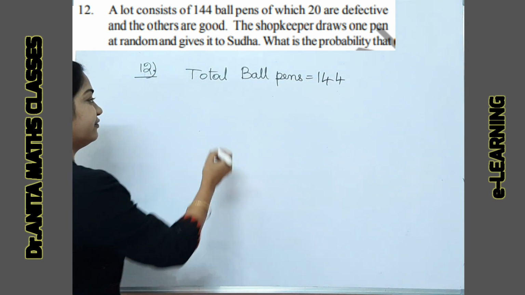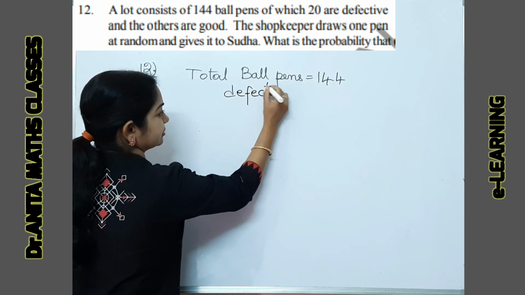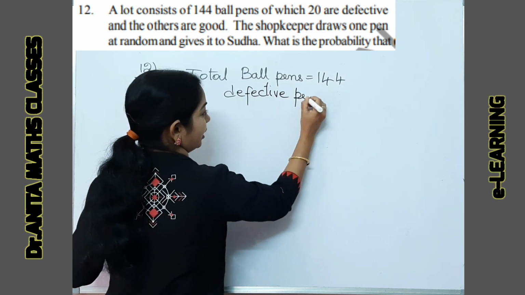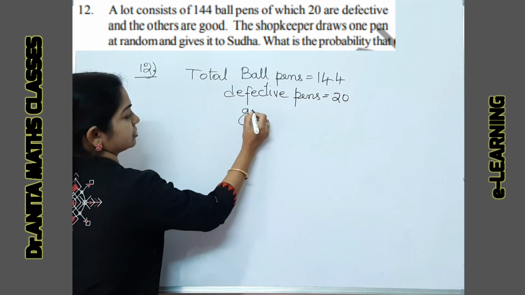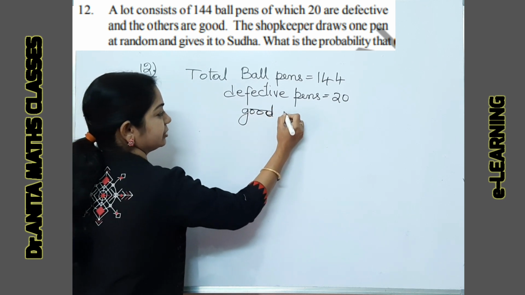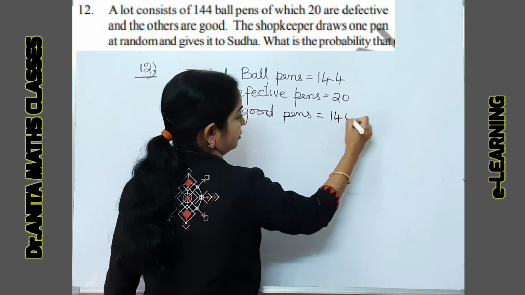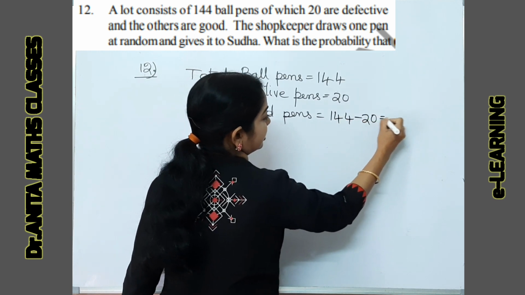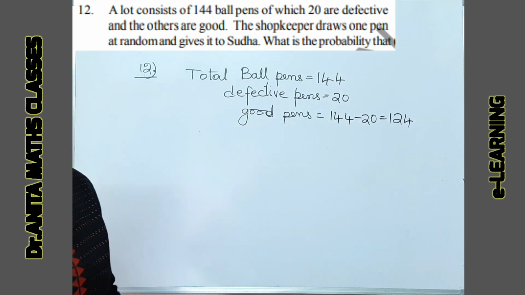Now the defective pens are 20. So good pens, which are in working condition, we have to calculate by subtracting: 144 minus 20 gives us 124. These are good pens, in working condition.